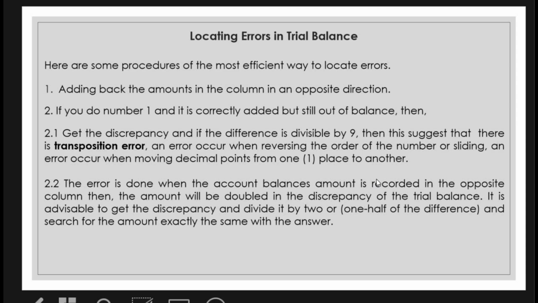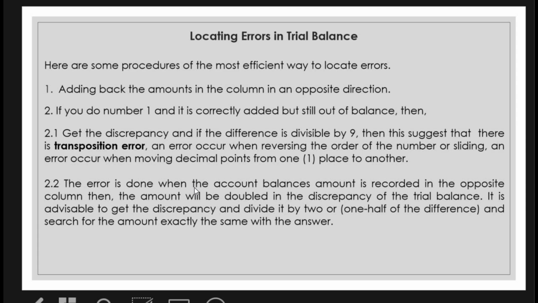So, ibig sabihin, posible din na ang error ay because of recording an amount in the opposite column. Like, for example, yung accounts receivable na dapat nasa debit na 10,000, na-post mo siya doon sa credit, which is 10,000. So, again, it will cause discrepancy, no? Or hindi magiging balance yung trial balance mo.